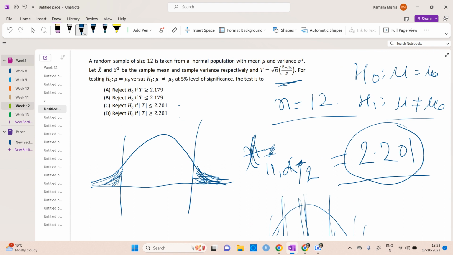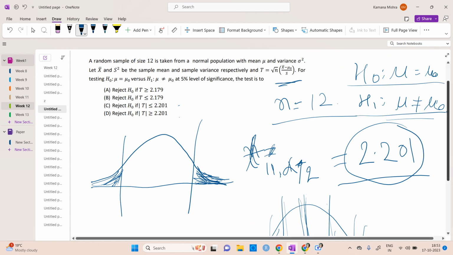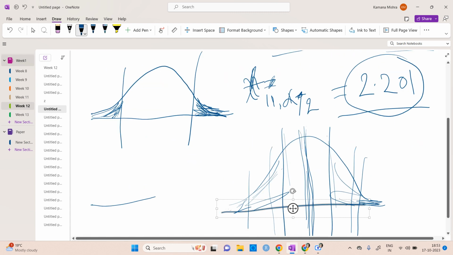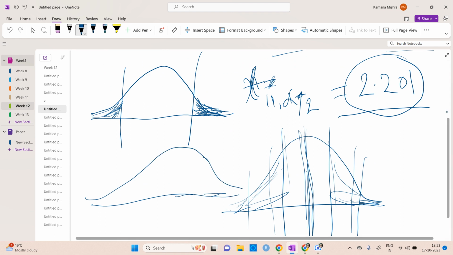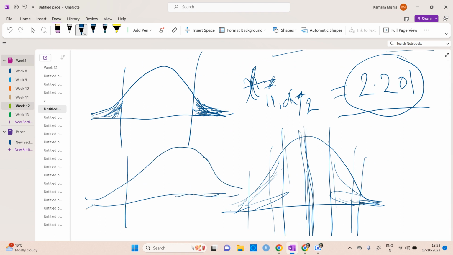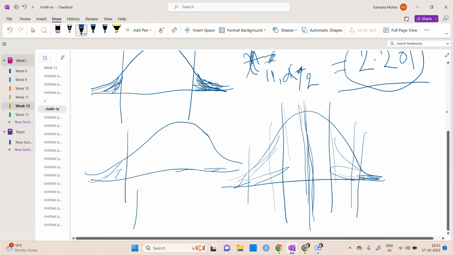So that part is greater than always. Because you are testing for this, or if you have this kind of test where you are testing for a left tail, then you reject at this point. And if you have tests like this, then you reject for this part.